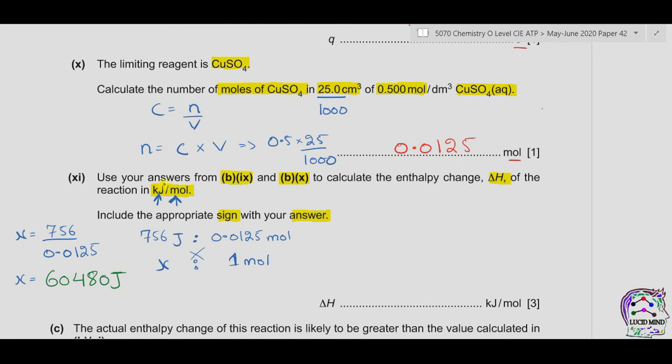Now we convert joules into kilojoules by dividing by 1000, so it comes equal to 60.48 kilojoules per mole. Now for the sign, we know that after the chemical reaction the temperature increased, so this is an exothermic reaction, and for an exothermic reaction the sign is always negative. So the enthalpy change is minus 60.48 kilojoules per mole.